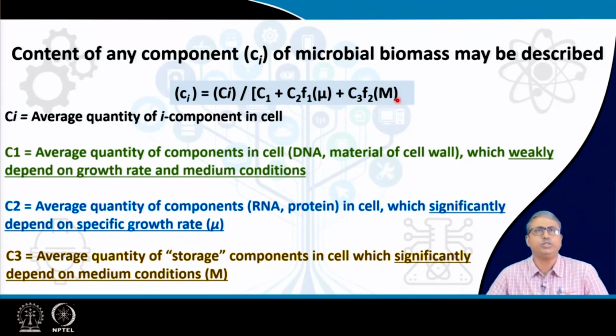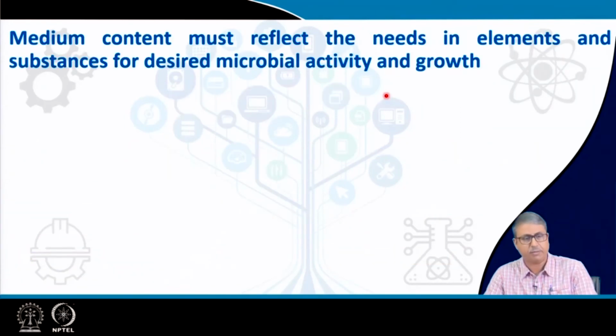So, eventually what we find is that the content of any component, that is the small ci, is actually controlled by the average quantity of the ith component in the cell and the average quantity of the stable component and the components which are controlled by the growth rate and the medium composition.